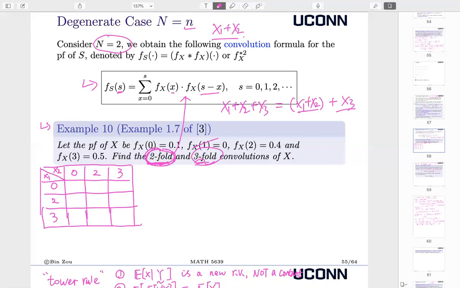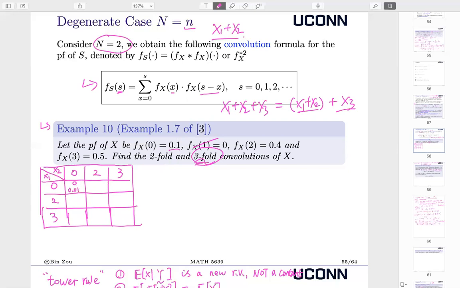The first field I'm going to fill is 0, because that means x1 is 0, x2 is 0, so the summation is 0. Next, I need to get the probability, right? Because we assume x1 and x2 are IID, they are independent. In order to know the joint probability, we simply multiply them together. So it's 0.1 times 0.1, so the probability is 0.01.